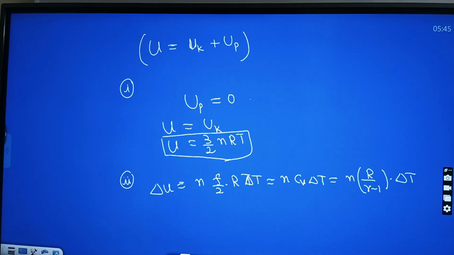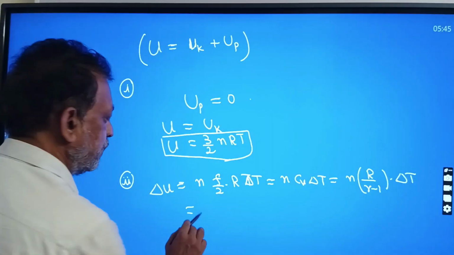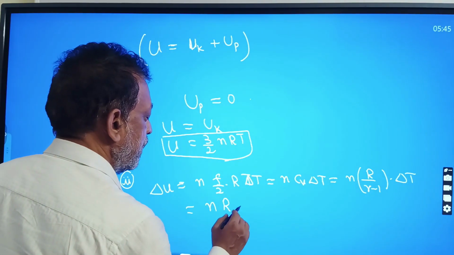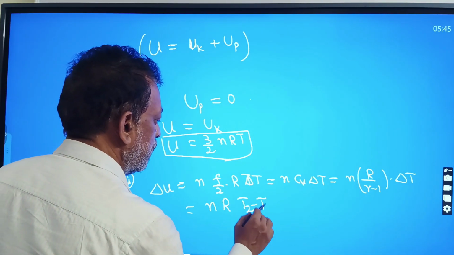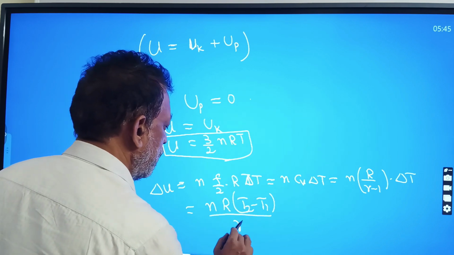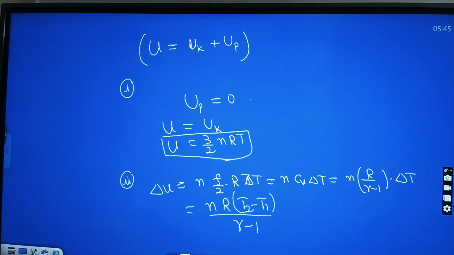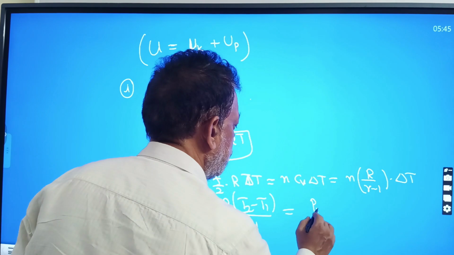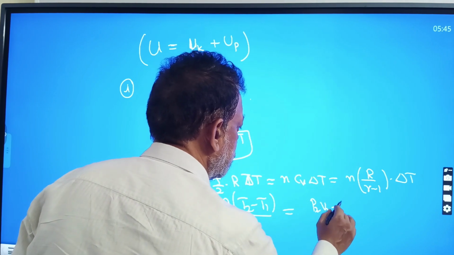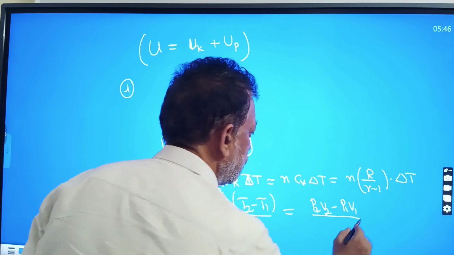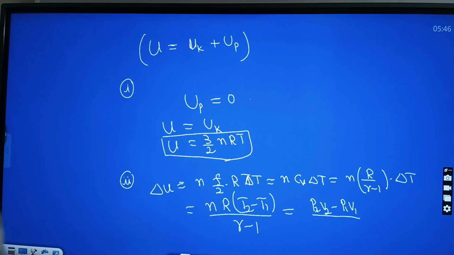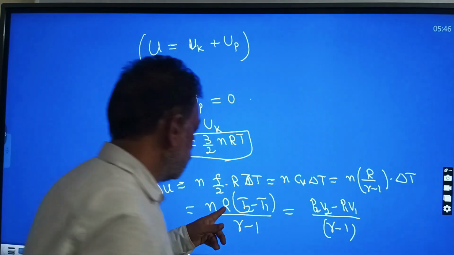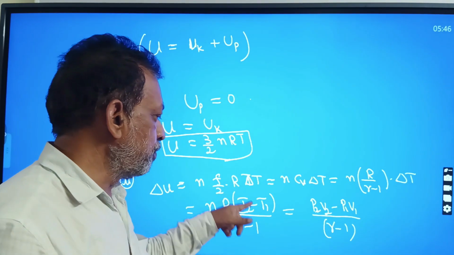Continuing, that is equal to n R delta T, that is n R (T2 minus T1) divided by gamma minus 1, for an adiabatic process. So that is equal to (P2 V2 minus P1 V1) by gamma minus 1. How did we get this? We take R T2 minus R T1.